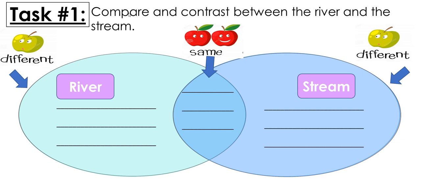Compare is to find the same. So we will compare in the middle where it says same. We will write here what is the same between river and stream. And then we contrast, which means we find the different things about rivers and streams. How are they different and how are they the same?